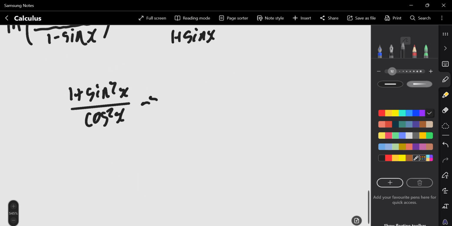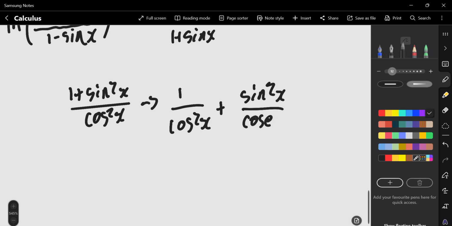So we can break this fraction off as 1 over cos squared x plus sine squared x over cos squared x. What is 1 over cos squared x? Well, it's going to be secant squared x. Sorry, secant x. We can reduce our powers.